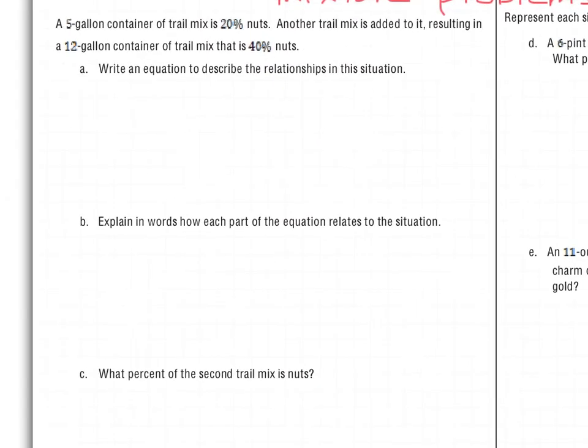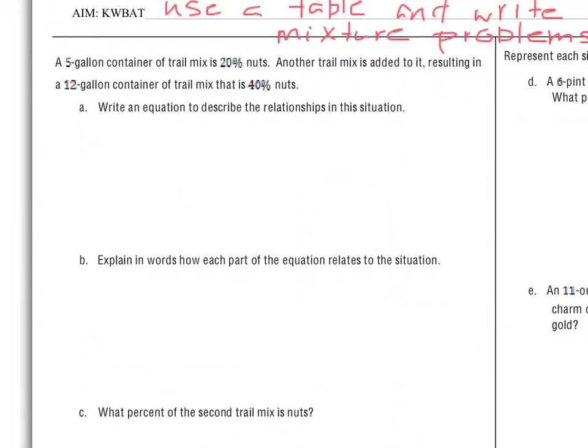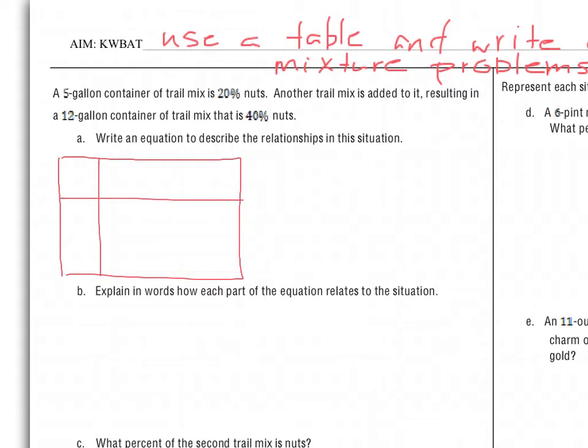So we now have a 5-gallon container of trail mix. It's 20% nuts and the rest of it must be other. So in order to help us write an equation, we're going to use the relationship that we've had in the table. So I'm going to start by creating my table. In my first column, that's going to be my labels, 4 rows.